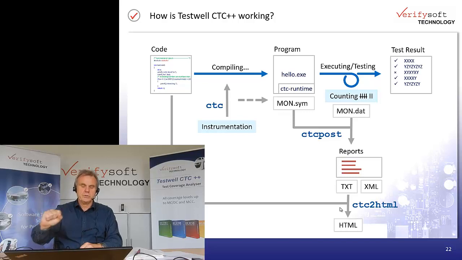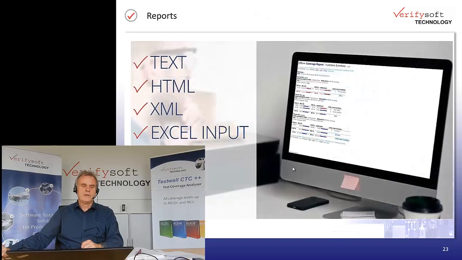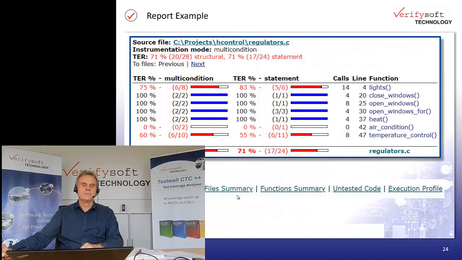I will show you this later within this presentation. The reports are in text, XML, and we have also Excel input, and for human readable we have of course also this HTML output. And what's interesting with this text and XML, you can use these outputs in continuous integration.